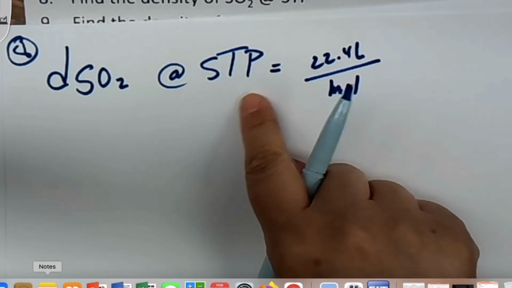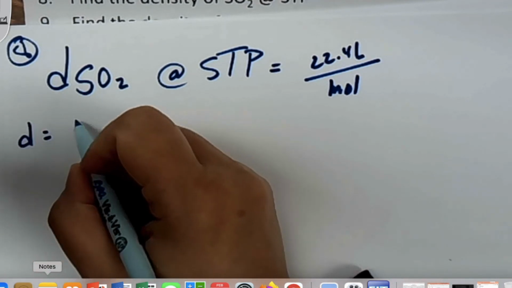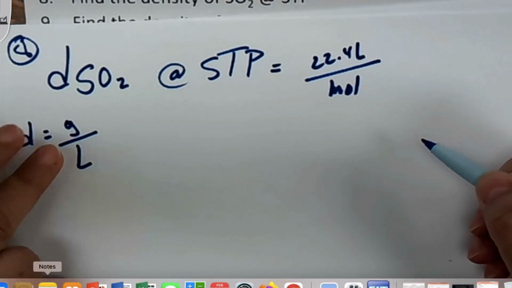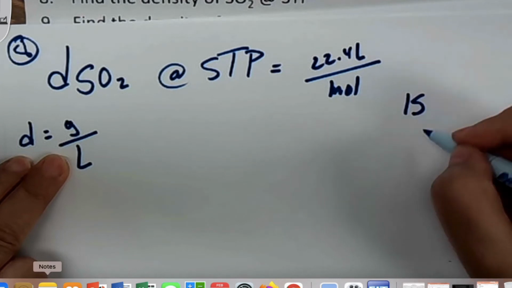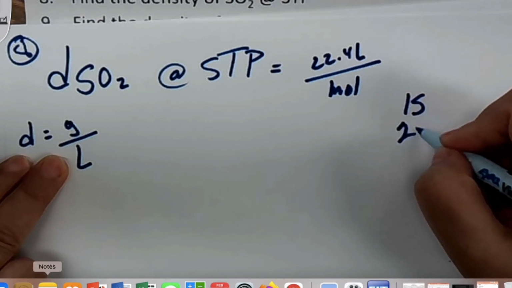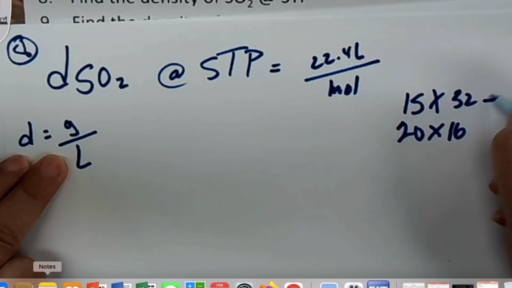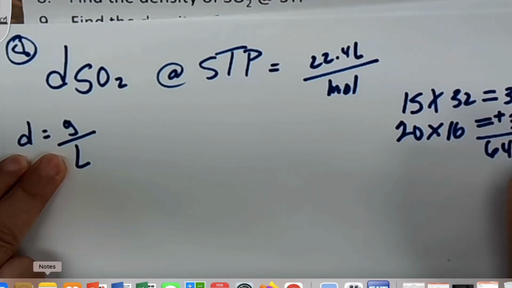And we know that density is grams over liters. So to find grams, we have 1 sulfur, 2 oxygen times 16. Sulfur is 32 plus 32 is 64 grams per 1 mole.